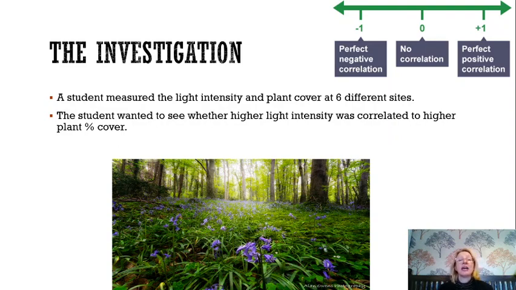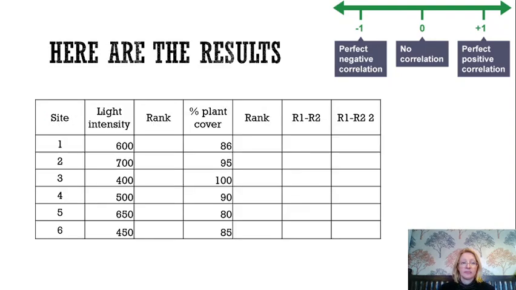That's their theory: the higher the light intensity, the higher the percentage plant cover. And here are the results. We've got the light intensity just here and the percentage plant cover just there.